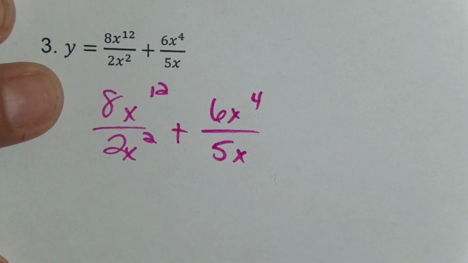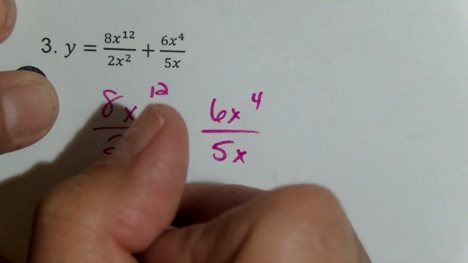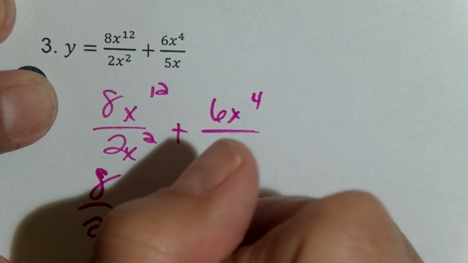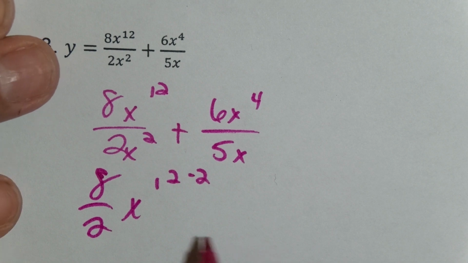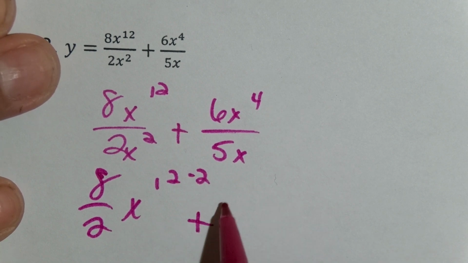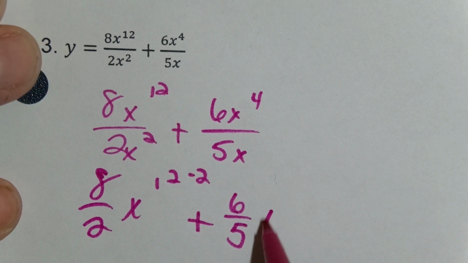So what I did there was bring the exact same fraction, 12 minus 2. So 8 over 2, and then x to the 12 minus 2, like that? Yeah. Okay. And you do the same here, 2, 6, and 5, with the 4 and so on.